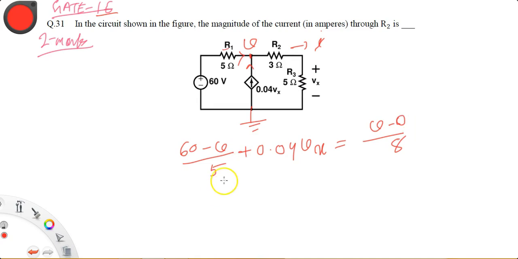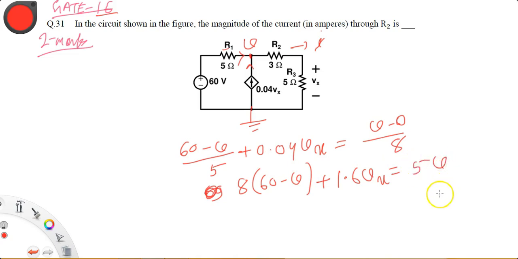So you multiply both sides by 40, on this side 8 into 60 minus V. When you multiply by 40, you will have 1.6 Vx and 5V.